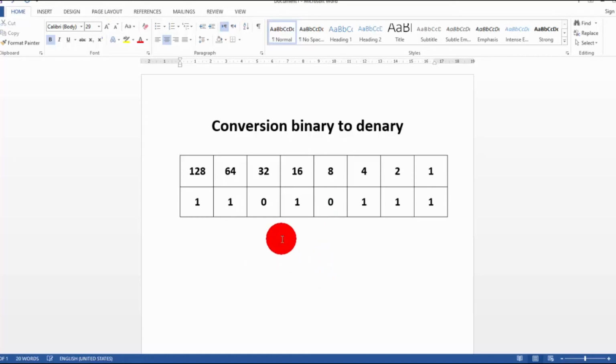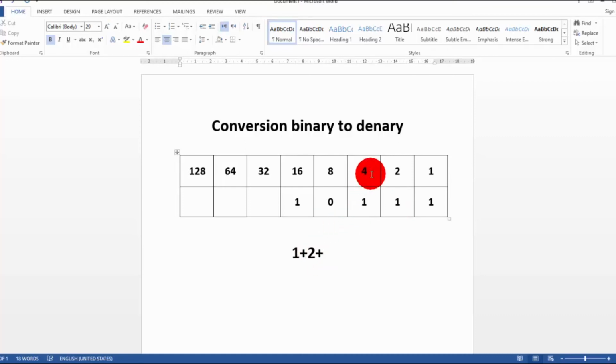Now let's suppose we have not 8 bits. The question is we have 1 2 3 4 5 bits. So what you have to do is add up till 16. You can see there's a 1 below 1, and below 2 you can see 1, so add 2.